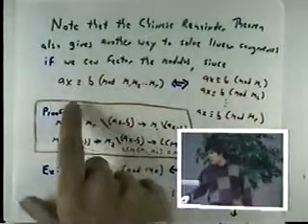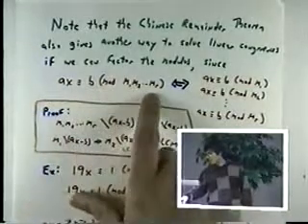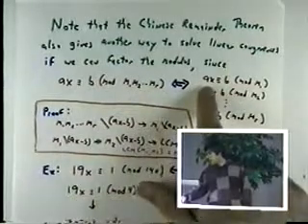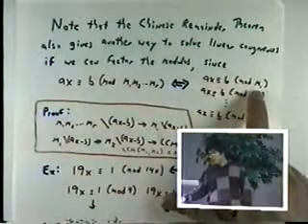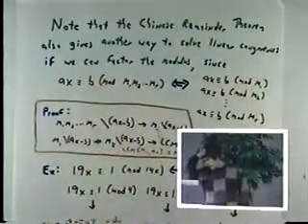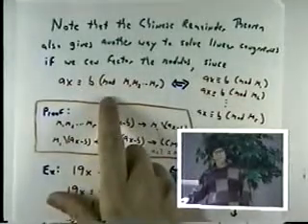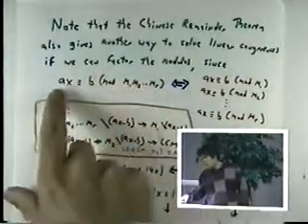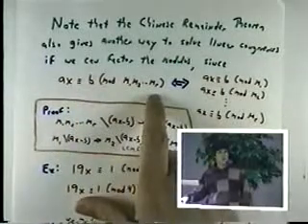My claim is that if AX is congruent to B mod the product of these, then AX is congruent to B mod M1. Why is that? Let's stop and think about it. What this means is that AX minus B is divisible by all of these guys, right?